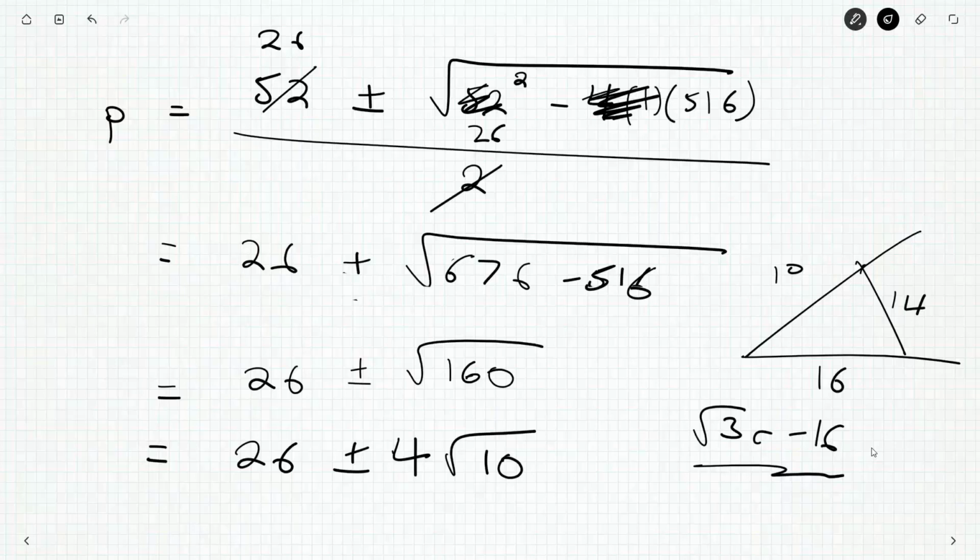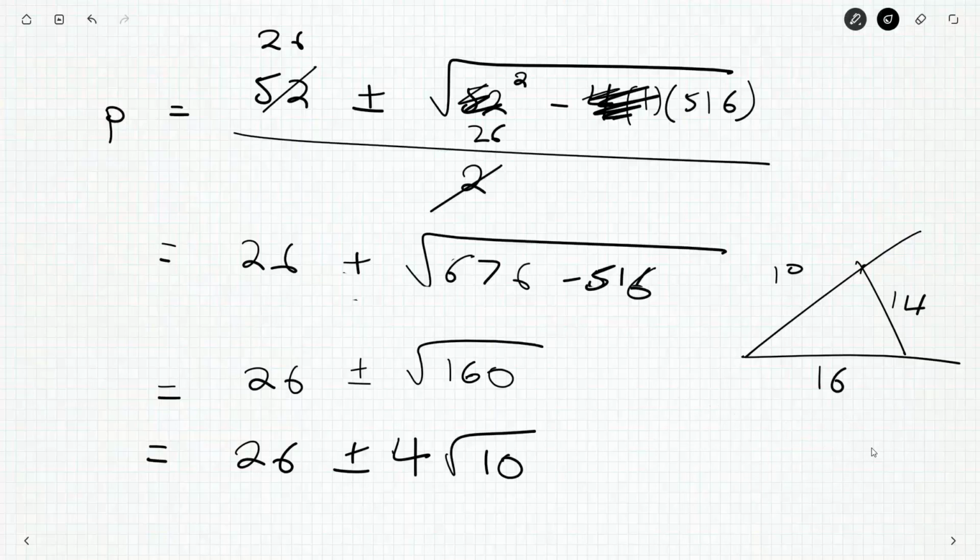Now, can I make, so 26 minus 4 times root 10, so that's 13.35. I divide that by 2, divide that by 2, I'll get root 3r, and that is 6.6, which is bigger. So I will say something to the effect of, we need root 3r to be greater than 16 and greater than 10.